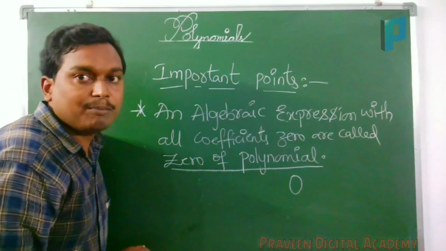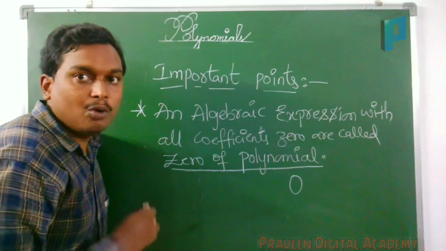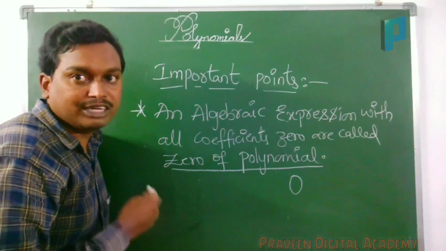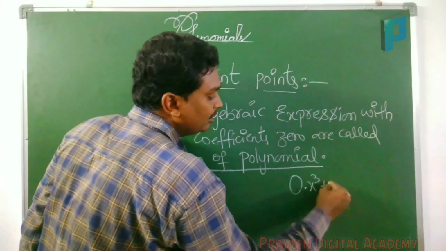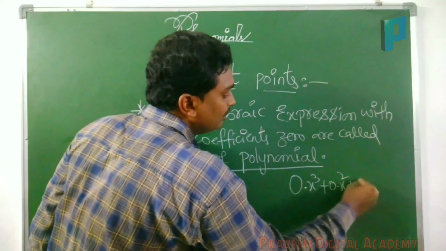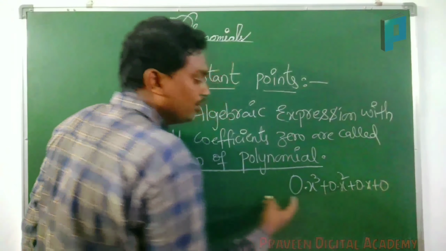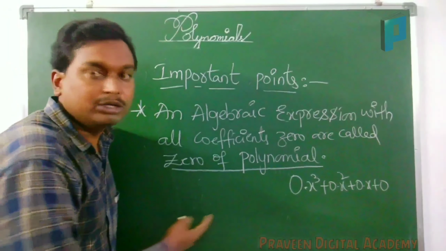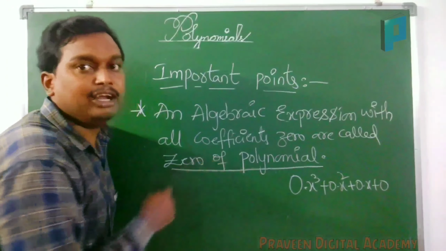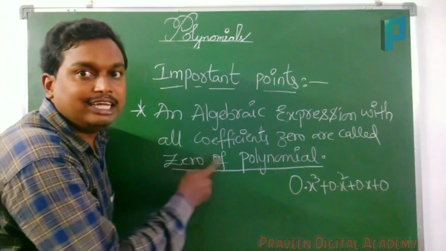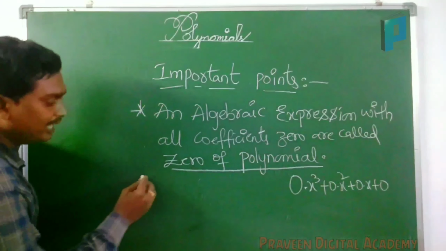The zero polynomial will have all coefficients 0, like this: 0 into x cube plus 0 into x square plus 0 into x plus 0. You may have 0 into x to the power 4 like that also. This is also a polynomial, but we call such a polynomial the zero polynomial.